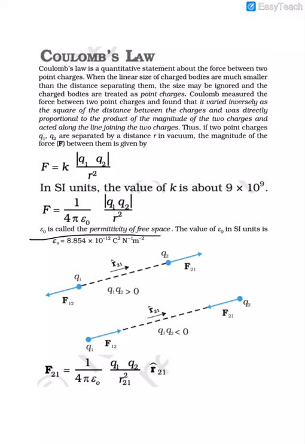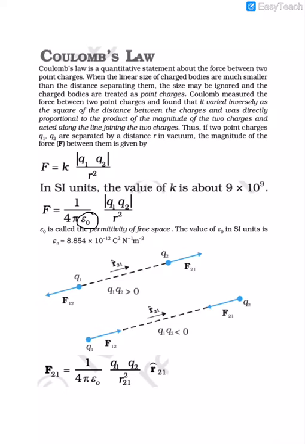Remember that at the outset we are considering that these two charges are in vacuum. So it's written over here, you can see in this portion that the charges are in vacuum. So is it necessary that the charges have to be in vacuum? Not at all. The charges could be in a medium other than vacuum. In that case, epsilon naught will be replaced by the permittivity of that particular medium.